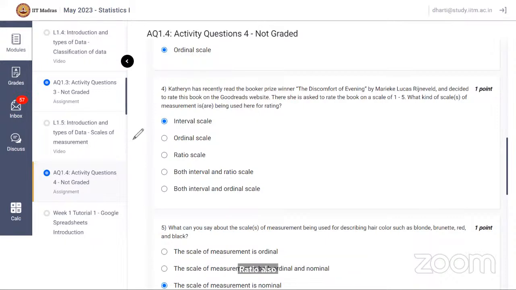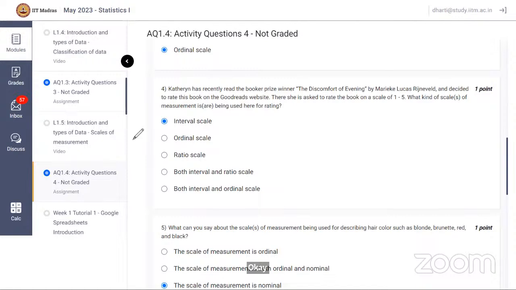I think it will be interval because the difference between each is the same. That's what ma'am told in the video too, because rating can take any scale of measurement, depending on how things are defined in that particular scenario.